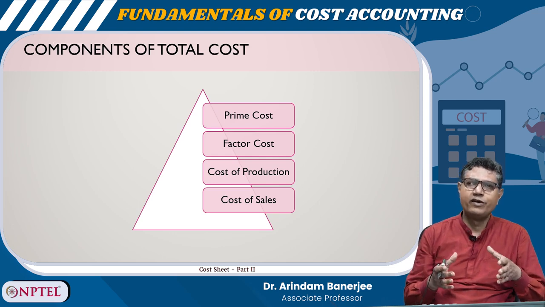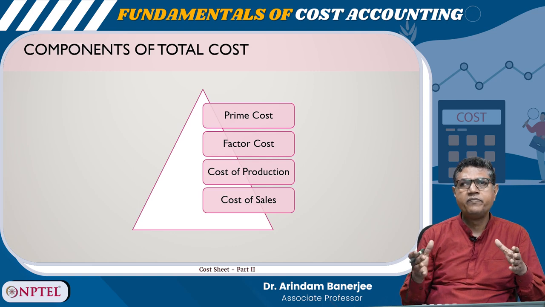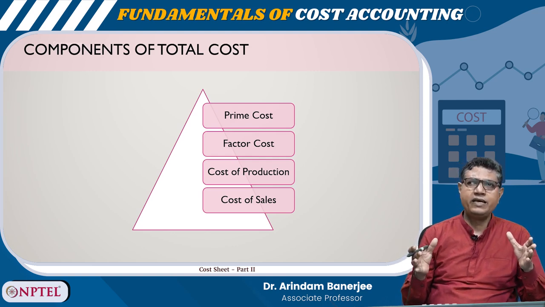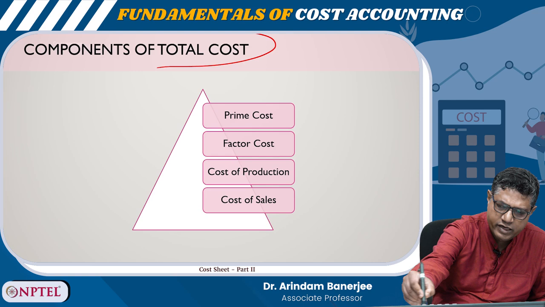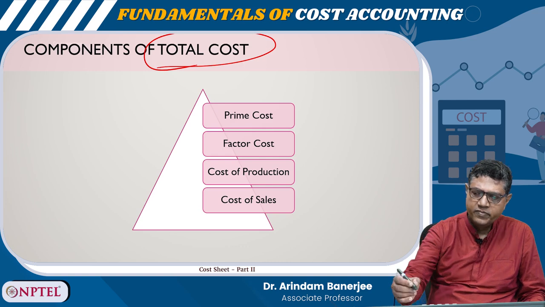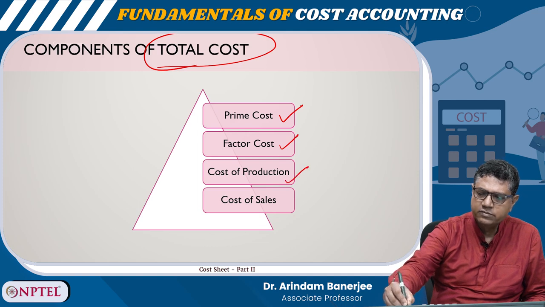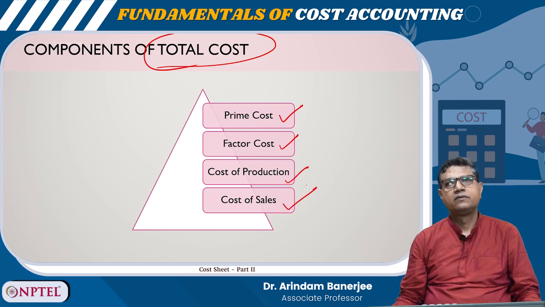If required, we can classify as fixed and variable, or we can classify on manufacturing, administrative and sales and distribution, or on the basis of time, etc. Now if I break the components of total cost, suppose my objective is to calculate the total cost, we can classify prime cost first, factory cost, cost of production and cost of sales.